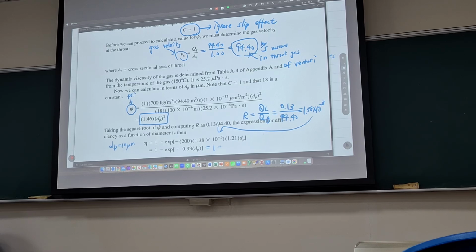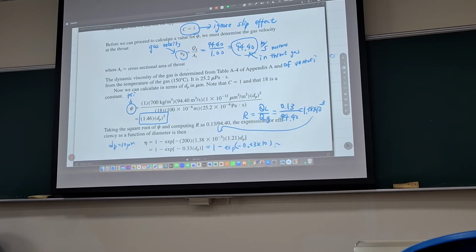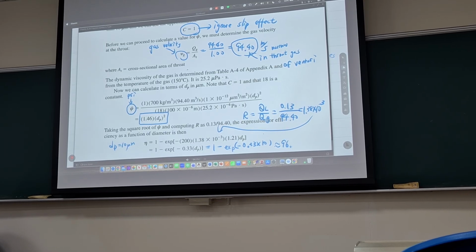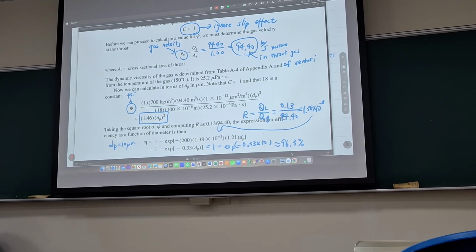So 1 minus exponential minus 0.33 times 10. The answer will be 96.3%. So the answer to this question is 96.3%.